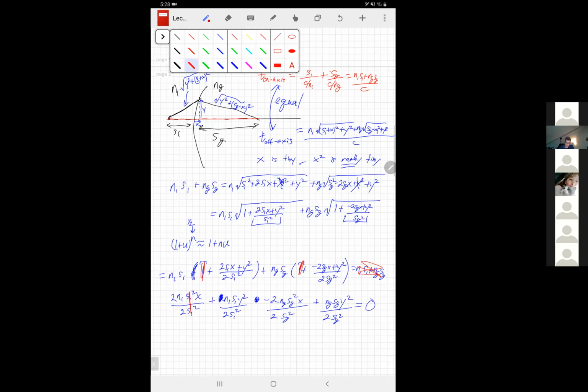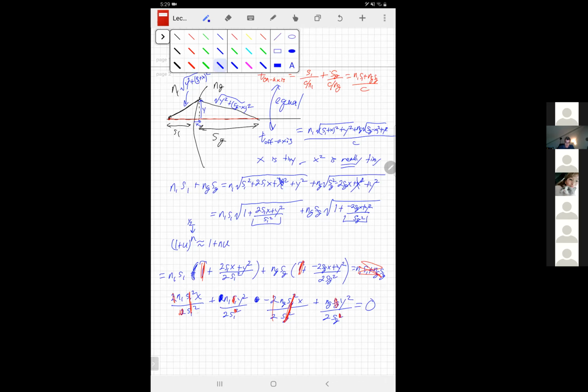Now we tidy up what we can, cancel some 2's and s's, and cancel one factor there.